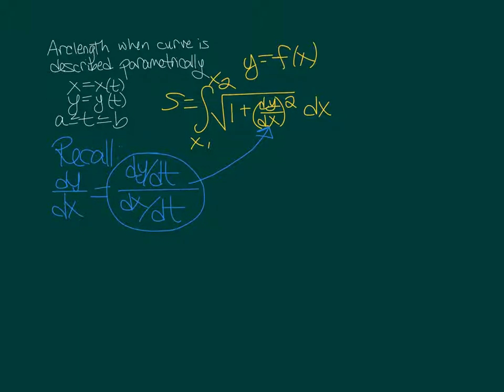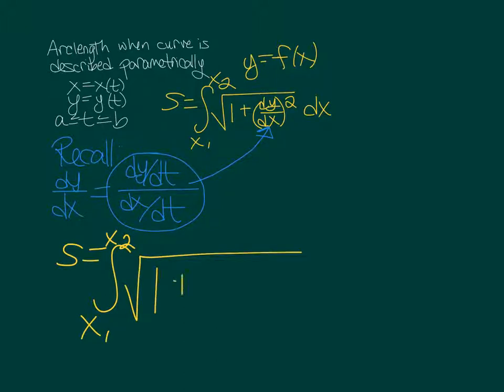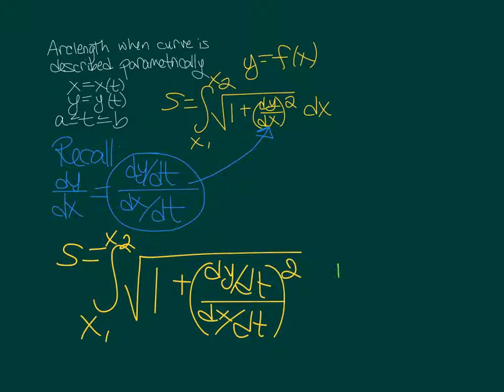We get s is equal to the integral from x1 to x2 of the square root of 1 plus, big parentheses, dy/dt over dx/dt, all squared, dx.